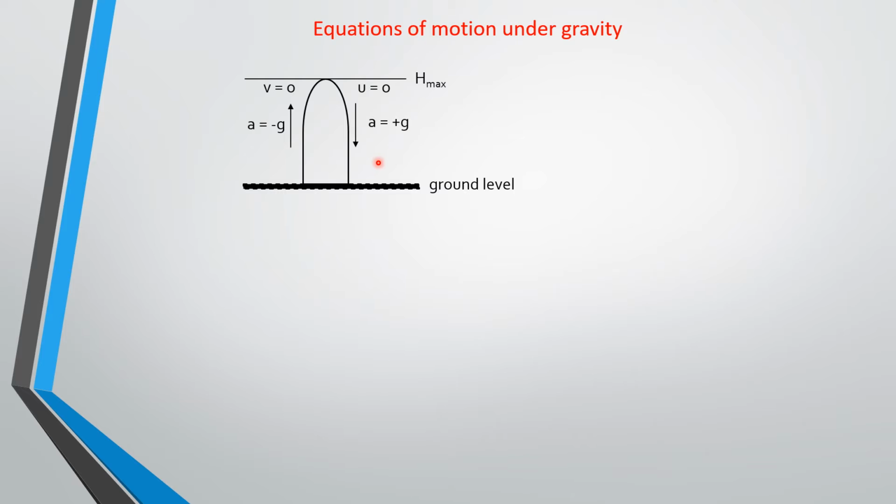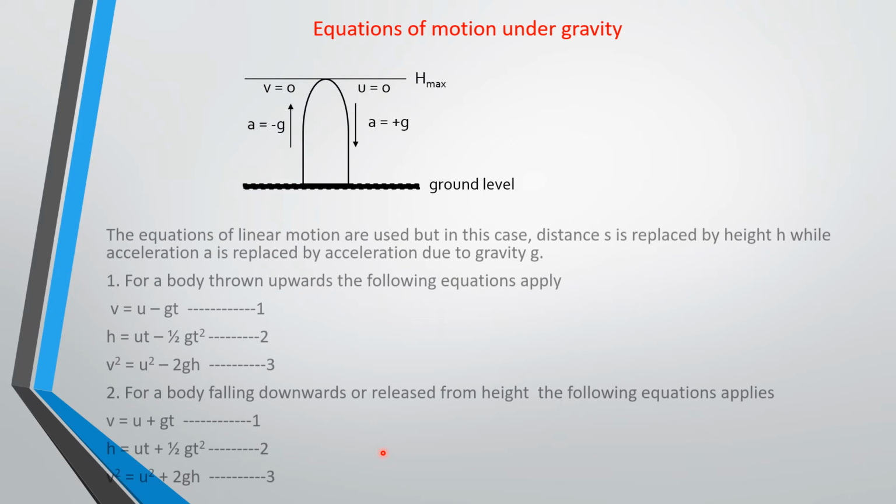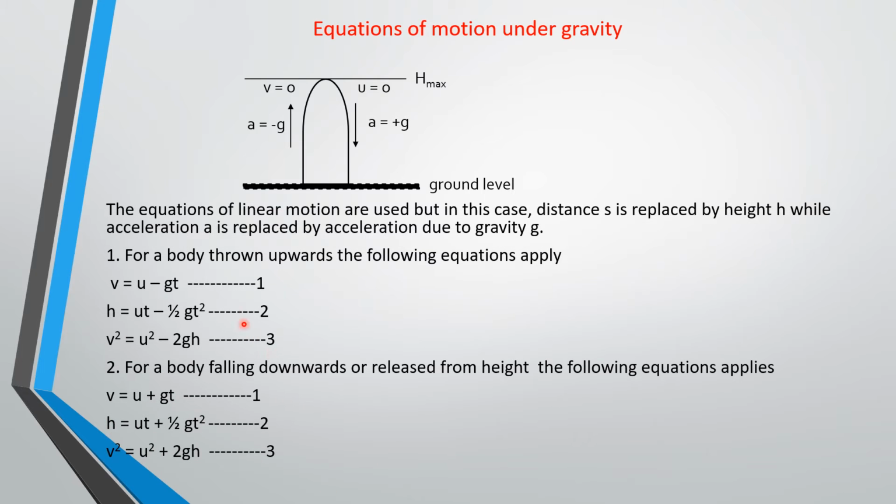Remember that when we discussed linear motion, the three equations of motion that applied will also apply in equations of motion under gravity. The difference is just the acceleration that will change. a will change to g, and the distance s in linear motion will become height h.